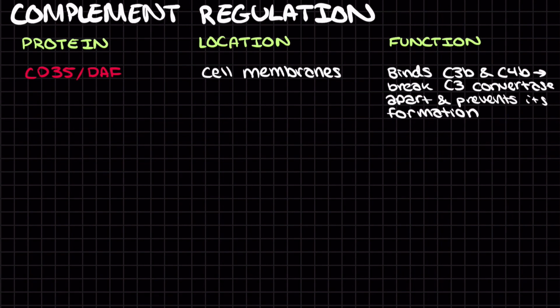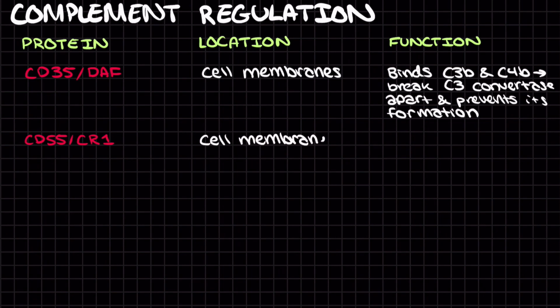In a very similar mechanism of action, we have another protein known as CD55. CD55 is also known as CR1. And CR1 is going to come back later when we discuss phagocytosis, but in the context of complement regulation, it's going to perform a function very similar to CD35. So it's also found on the cell membrane.